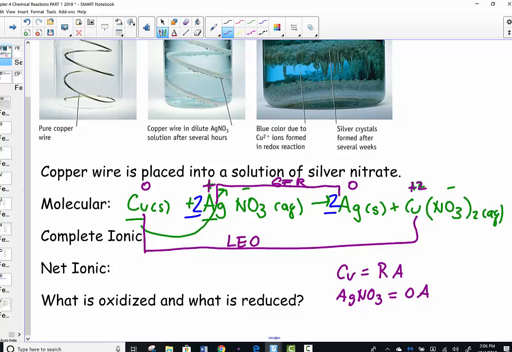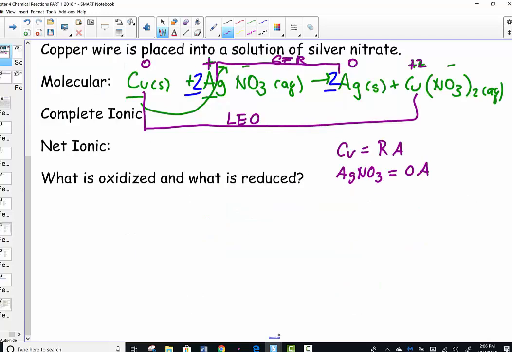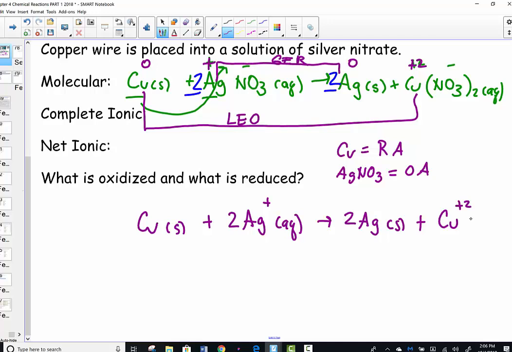When we ask you to write the net ionic equation, we eliminate the spectator, and we have solid copper reacting with 2 aqueous ions of silver, forming 2 silvers as solid and a 1 aqueous ion of copper. Notice it is balanced by both mass and charge.